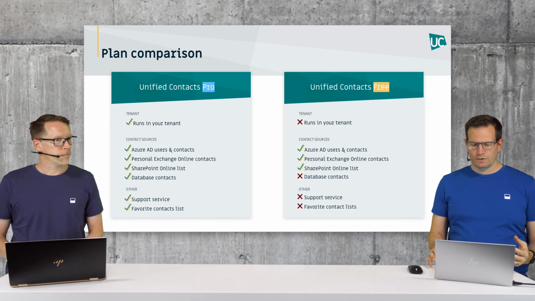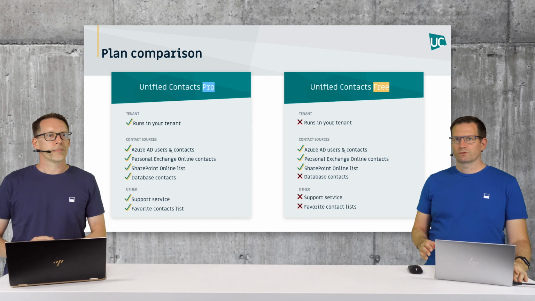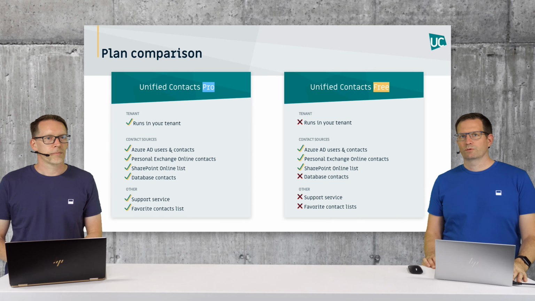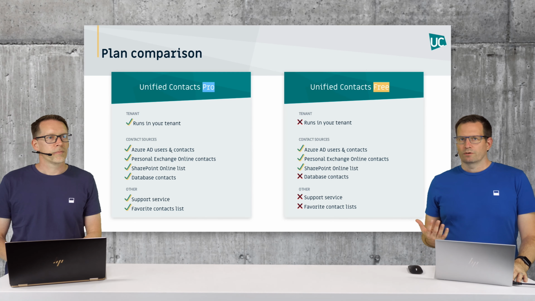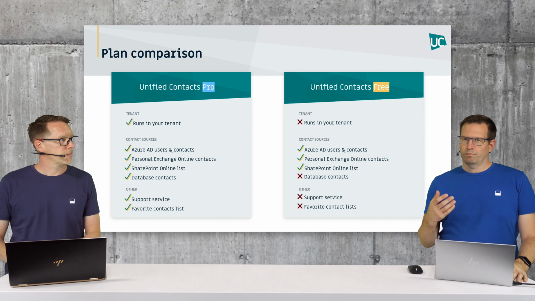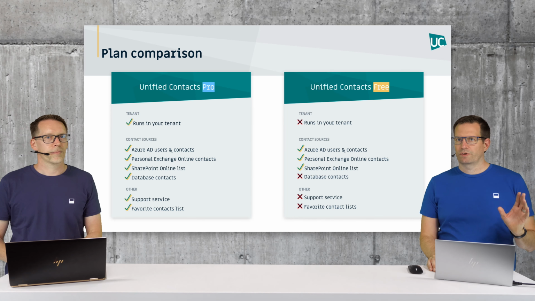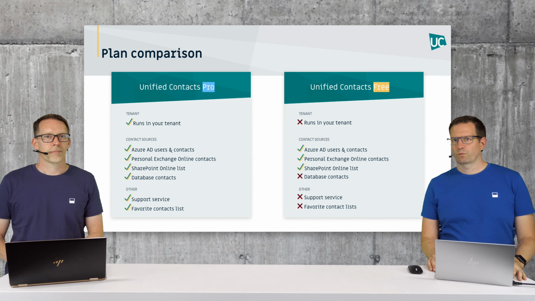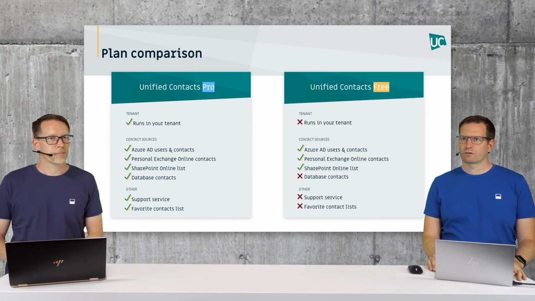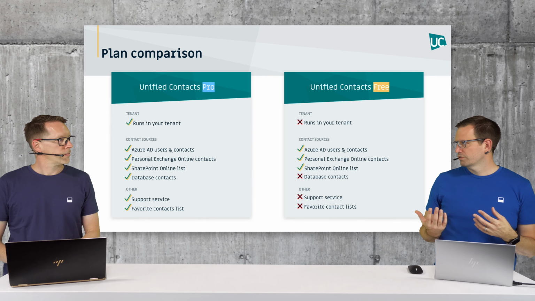And here we have also a short comparison. When you have already seen our other videos, you perhaps know this comparison plan. On the one side, you find the UnifiedContacts Pro Edition with all the included features. On the other side, you find our UnifiedContacts Free Edition. It's more of a SaaS service.